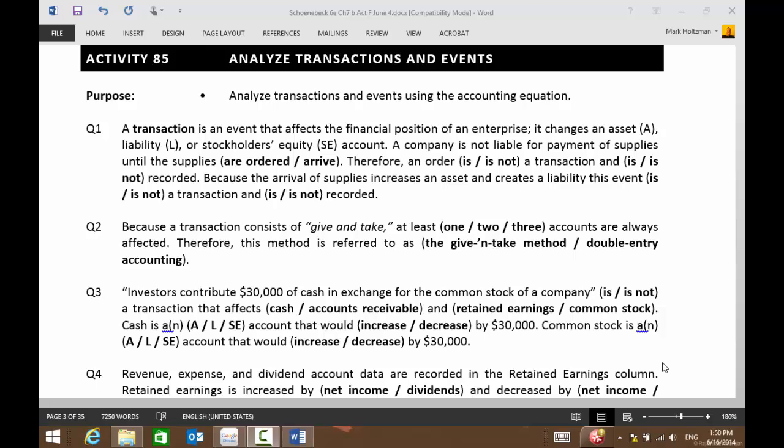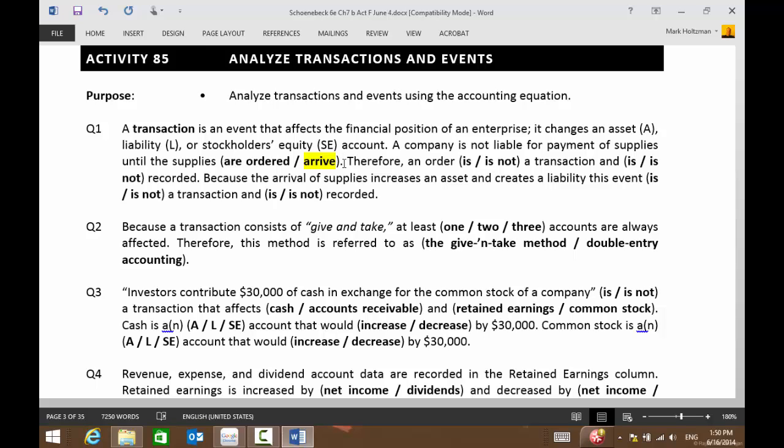Let's just walk through this together, because it's just sort of an introductory thing. A company is not liable for payment of supplies until the supplies are ordered or arrived? When does a company become liable for payment? When the supplies arrive. So it's very interesting. Ordering goods from a company is not a transaction. Hiring an employee is not a transaction.